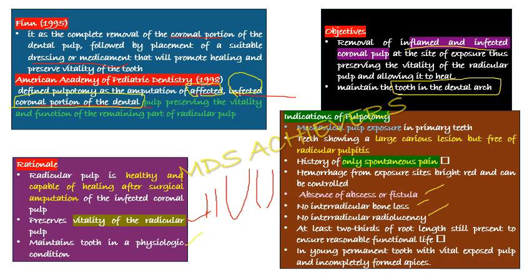At the same time, it's a permanent tooth, right? So we will be removing only the coronal portion of the pulp. So that is the treatment that is involved in apexogenesis. Whereas in the primary teeth, if the coronal pulp is exposed or infected due to any kind of infection, then it is called pulpotomy.